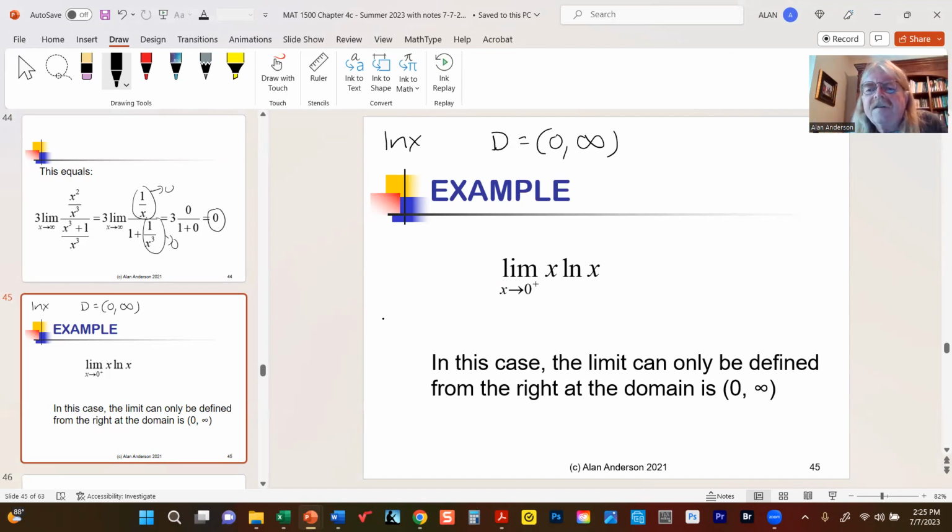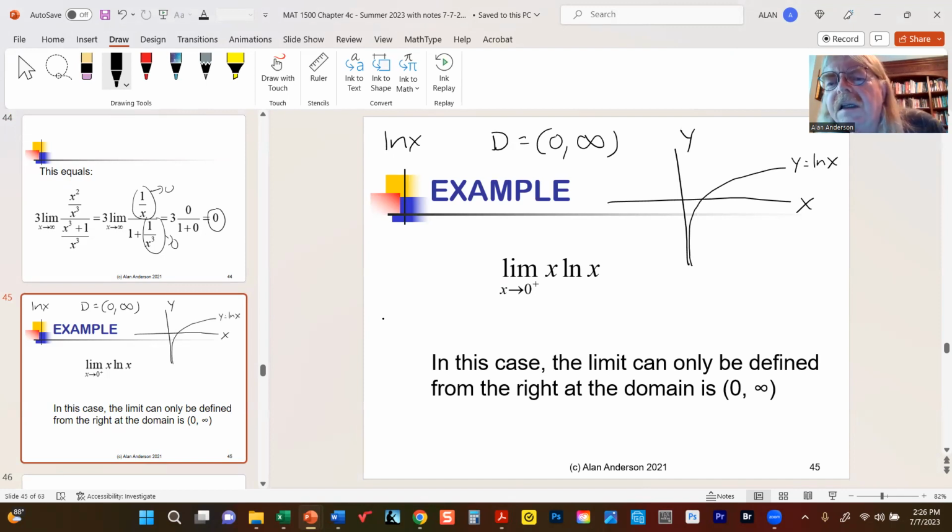Because if you look at the graph, you can see clearly that there's an asymptote there where x equals zero, the vertical axis.